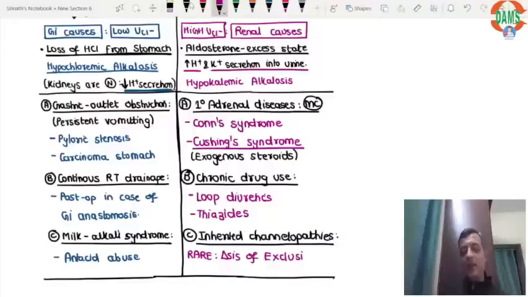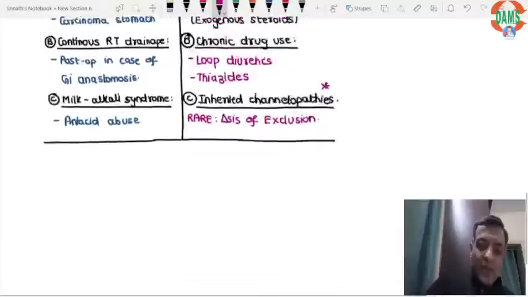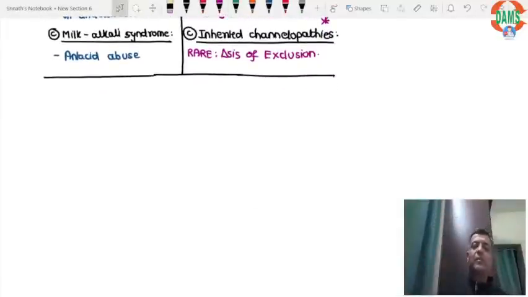If no other cause is there, then we say the patient is having a case of channelopathy. So let us take it to the next chart that follows this point.